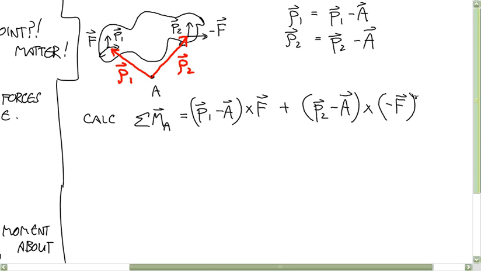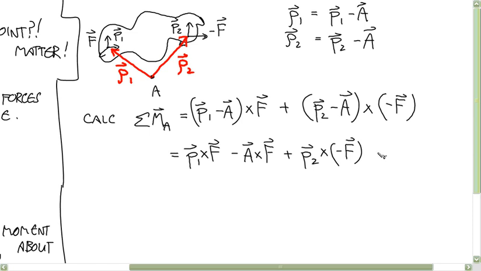Okay, so this is equal to P1 cross F minus A cross F plus P2 cross negative F minus A cross negative F. So that happens because the cross product is distributive.